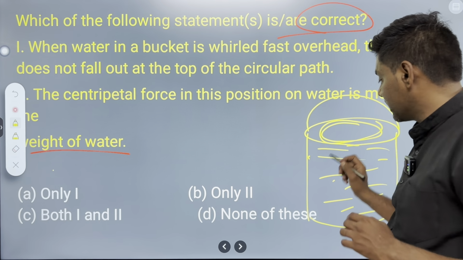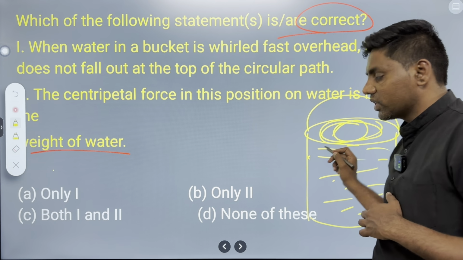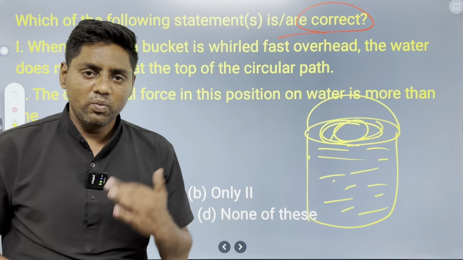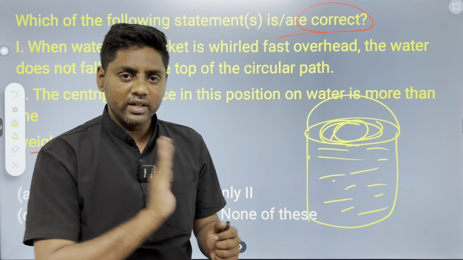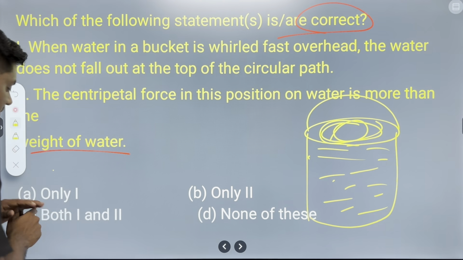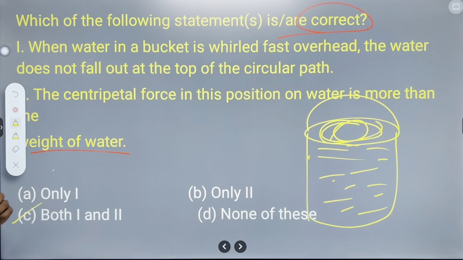So you have to remember, why does it perform circular motion? Because the magnitude of the centripetal force is greater as compared to the weight. Because of that, the water inside the bucket performs circular motion. So both statements are correct. So option C is the correct option of the given example.